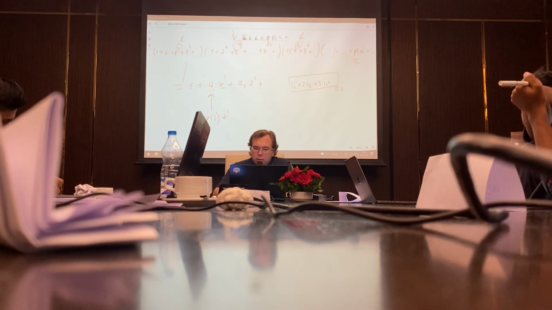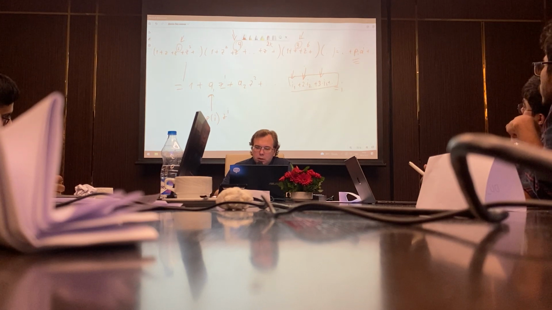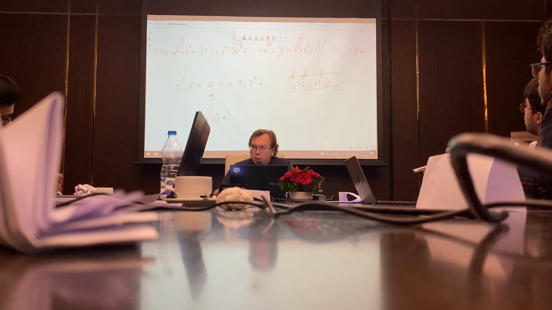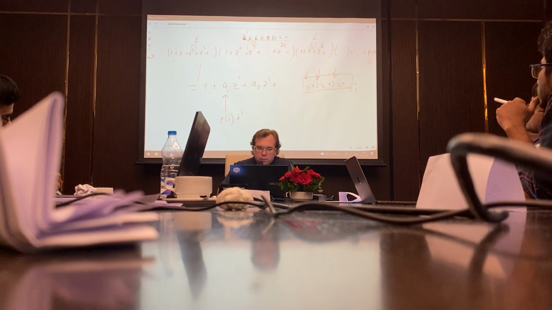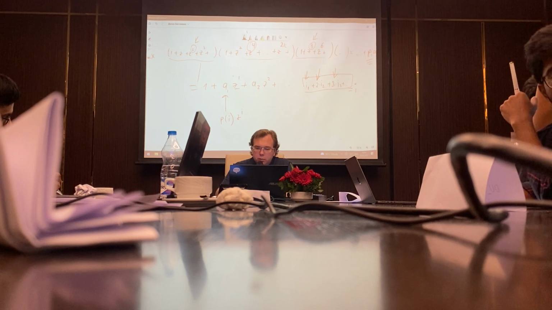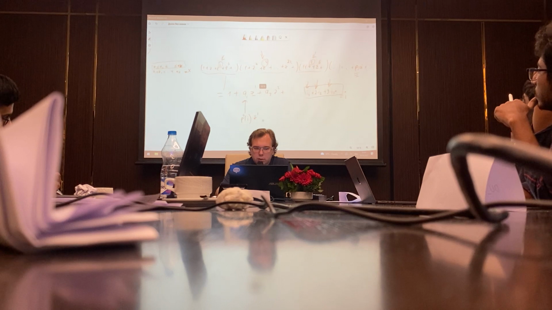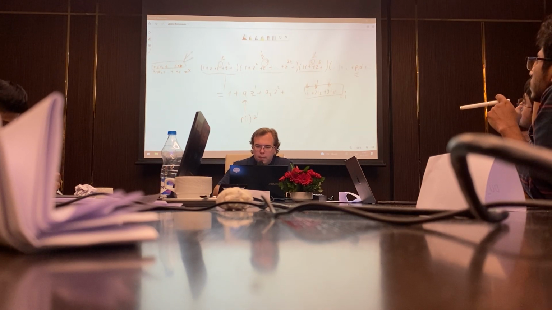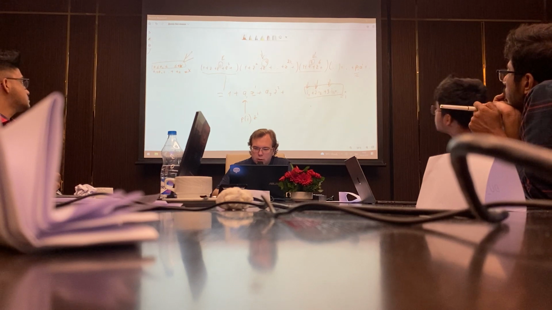It's the number of ones, the number of twos, and the number of threes in our representation of the number i. So if there was the same polynomial in each bracket, it would be the normal coefficient without this additional constant. And now we have this number of ones, twos, and threes, and so on.